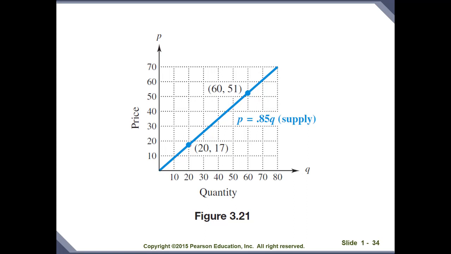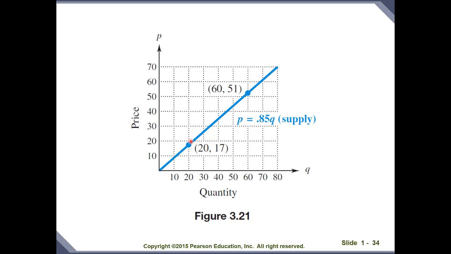As price goes up, the quantity available goes up. So if apples are going for, let's say, $0 a bushel, no one's going to make apples. No one's going to grow and sell apples. If it goes up to $10 a bushel, and I don't know what apple prices are, I'm pretty sure they aren't $10 a bushel, but pretend that they are, then a few growers are going to start growing apples.